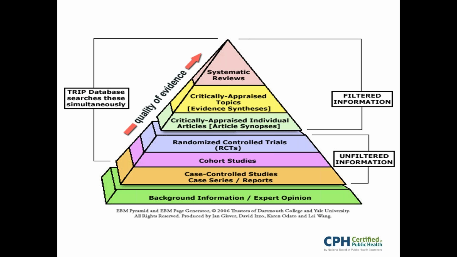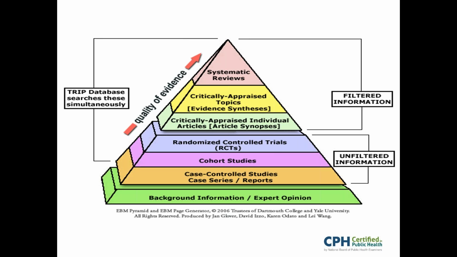On the right side, you'll see filtered information and unfiltered information. So systematic reviews, meta-analyses, and critically appraised literature have all gone through an evaluation process, which is why we call them filtered. Any information that has not been critically appraised or reviewed is considered unfiltered.